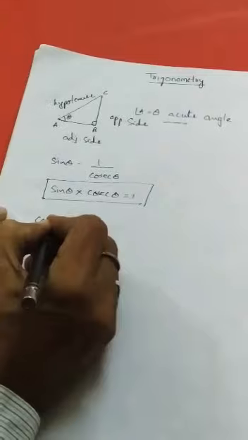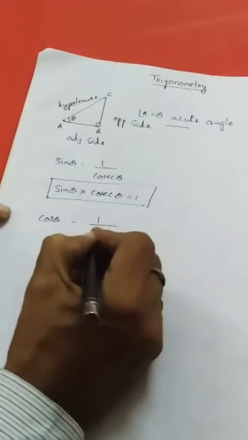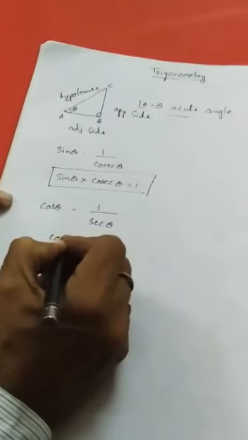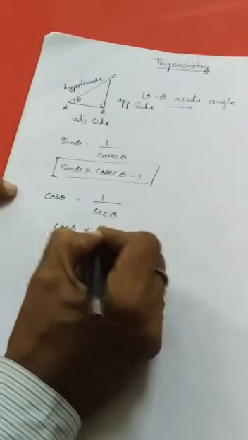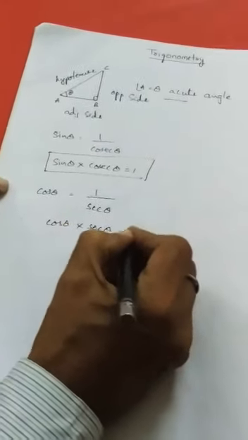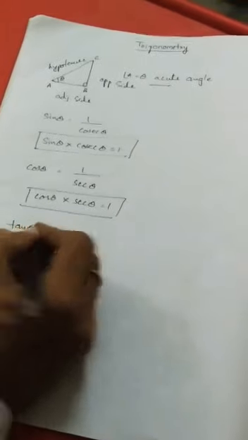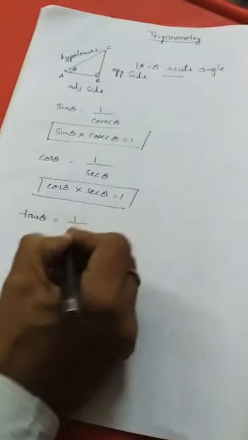Similarly, cos theta is the reciprocal of secant theta. Therefore, we can say that cos theta into secant theta is equal to 1. Next, tan theta is the reciprocal of cot theta.